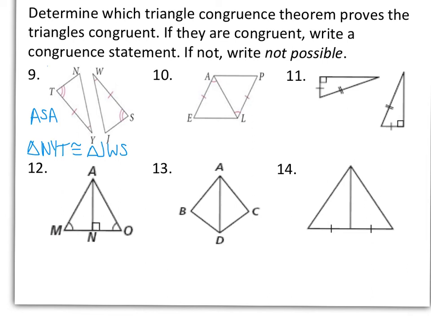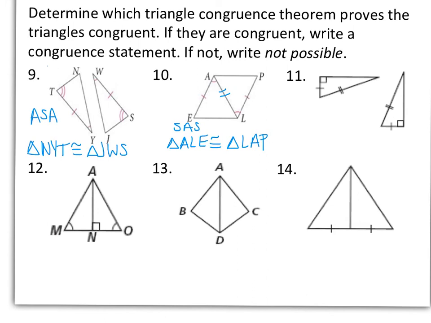Let's see, in 10, we are given a pair of congruent corresponding angles, a pair of congruent corresponding sides. We see our two triangles share the side AL, so it's congruent to itself. And these two triangles would be congruent by side, angle, side. So we can say triangle ALE is congruent to triangle LAP.